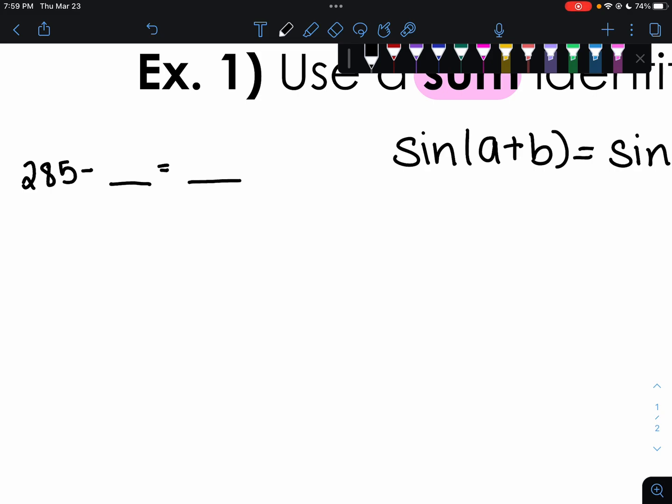And if I add those two, then it should give me the 285. So if I try this and I just try 30, when I subtract 30 from it, I get 255. Well, we know how to find 30, but 255 is not an angle we know.